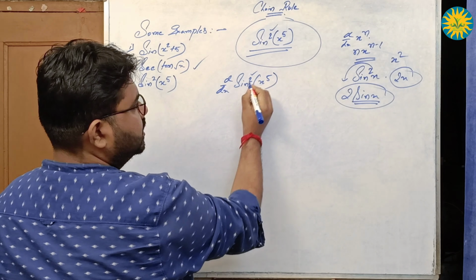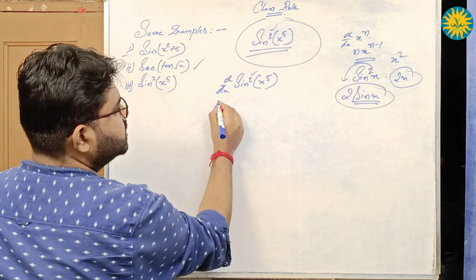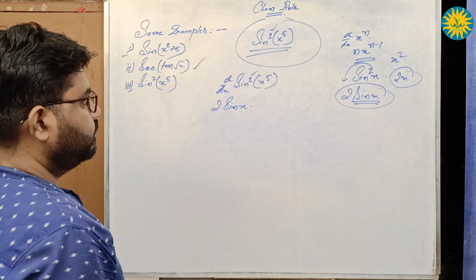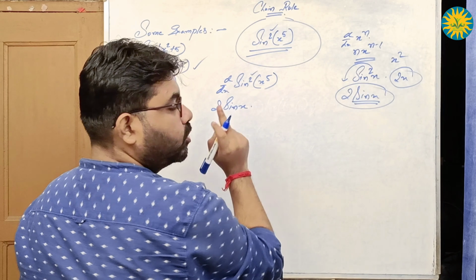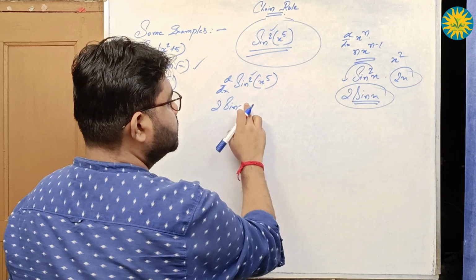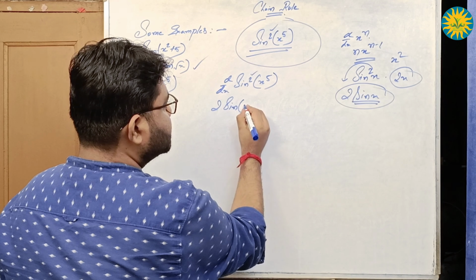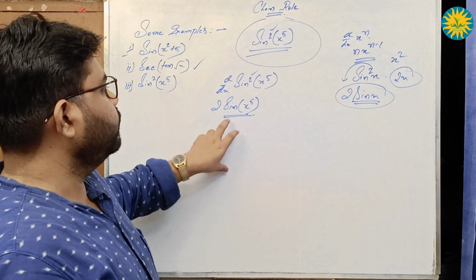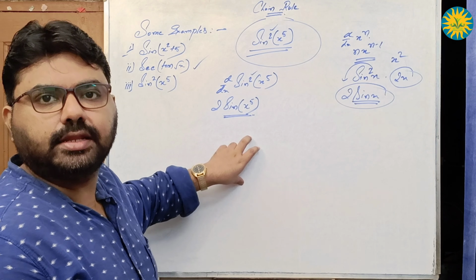The power comes forward, that is 2 sine x. But here it is not sine x, here it is something different, that is x to the power 5. Therefore we have to separately differentiate this sine x.